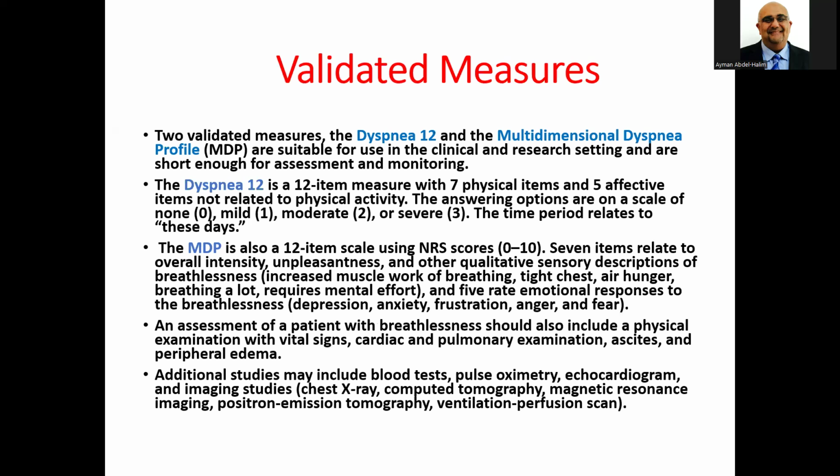Validated measures. As you know, breathlessness is included inside the ESAS, okay? But for research purposes, we have two validated measures, the Dyspnea 12 and the Multidimensional Dyspnea Profile. I'm not going to go into detail about these two validated measures, but just have this in mind in case you're planning to do research on breathlessness.